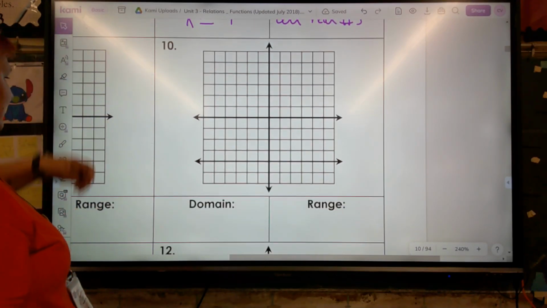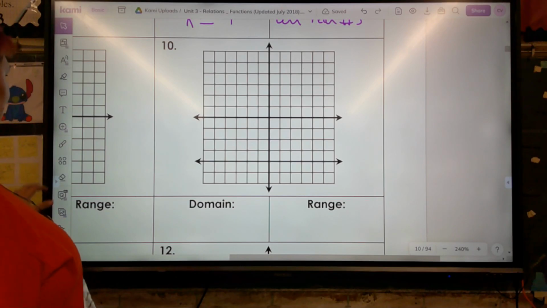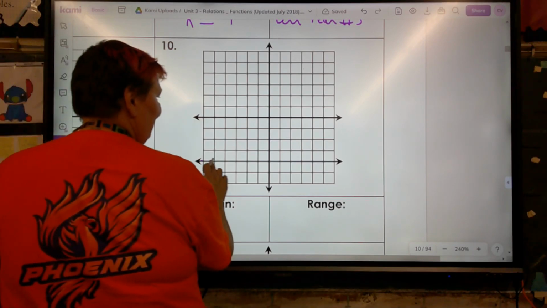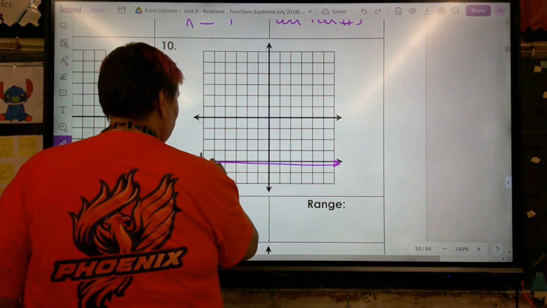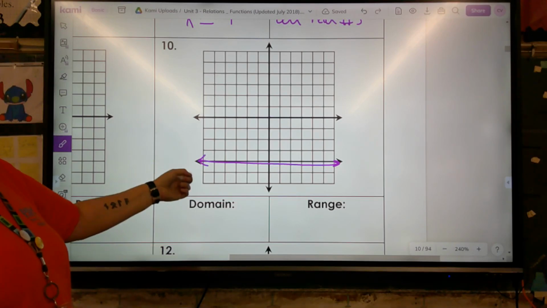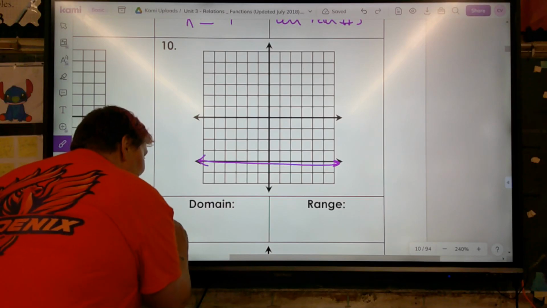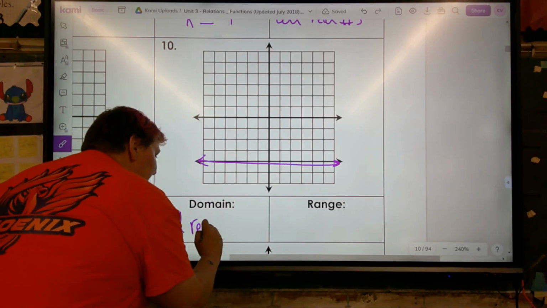All right. That's an interesting one. I almost didn't see the line. You see it? It's right here. It's going to hit all the x values. All of them. Right? Because it goes on forever. All real numbers.